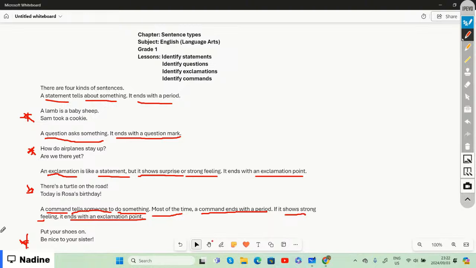And another example of a command, in this one it ends with an exclamation point, says, be nice to your sister. You know how your parent reminds you.